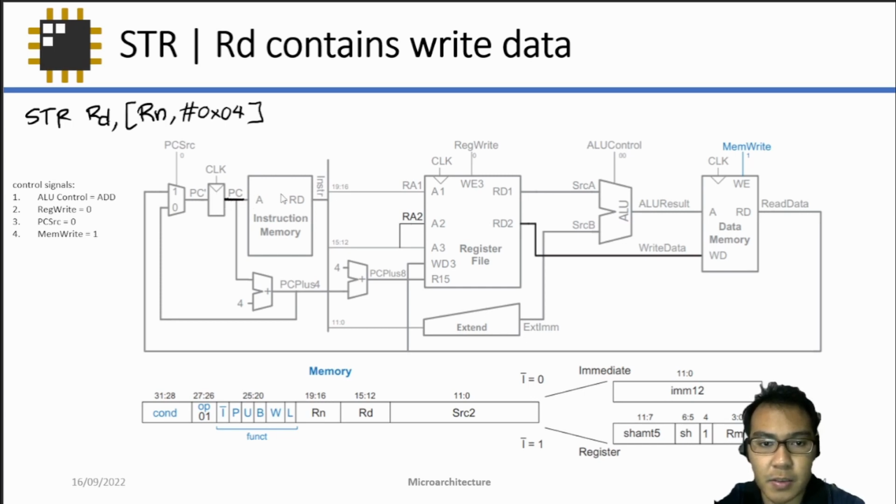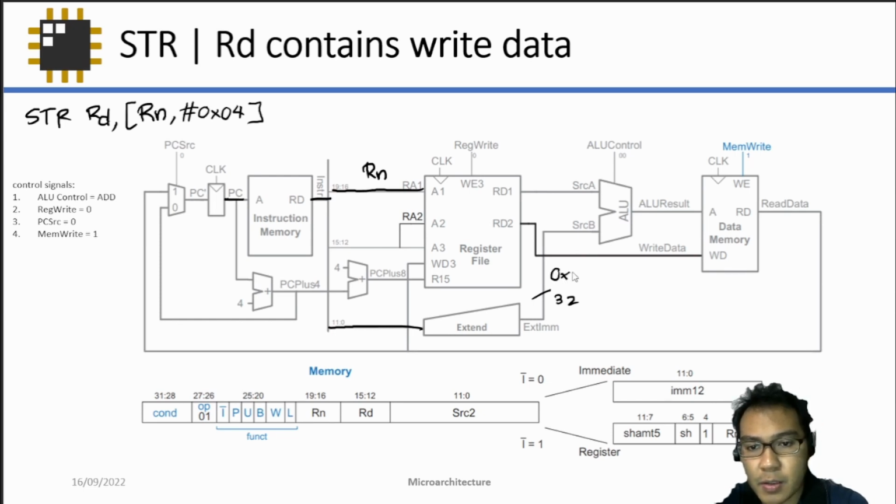First we fetch the instruction, goes into PC, comes out the instruction, and then we pass RN to RA1. We take 19 to 16, and then we pass as well the base, the immediate offset into the sign extension part. We turn it into 32 bits, so this is now 0x04 but 32 bits, and it goes into the ALU.